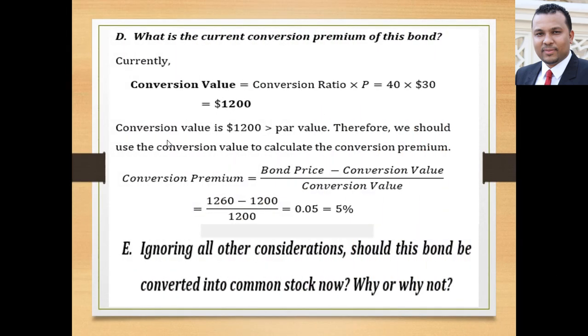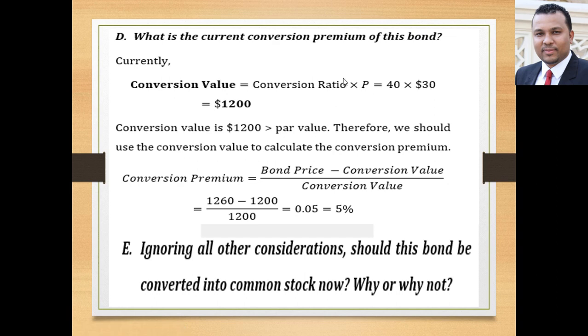Number four, what is the current conversion premium of this bond? We talk about currently. Currently, we will use the market price at year number three, which is $30.